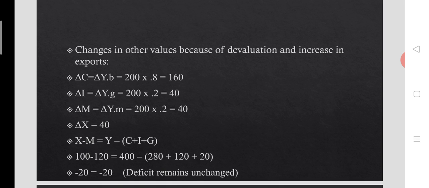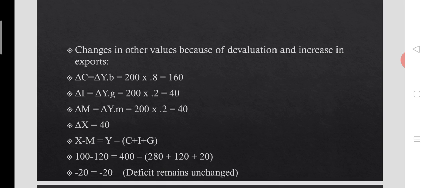Now the change in import, delta M, is equal to delta Y into M, as import is also a function of income. Delta Y is 200, and M, the marginal propensity to import, is 0.2 or 20%. Then 200 into 0.2 is 40. So the change in export, as you know, is 40 after devaluation.